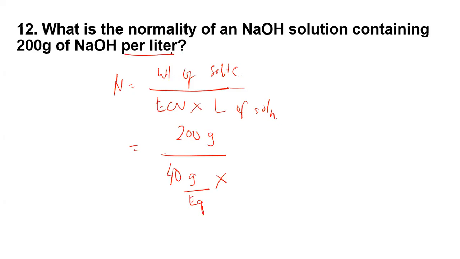Sabihin, ang kinoconsider natin sa problem is 1 liter. So you solve now. Ano ang answer? Tingnan natin sa chat box. 5, 5, 5, 5, 5. Okay. So you have a correct answer. No, that is 5.